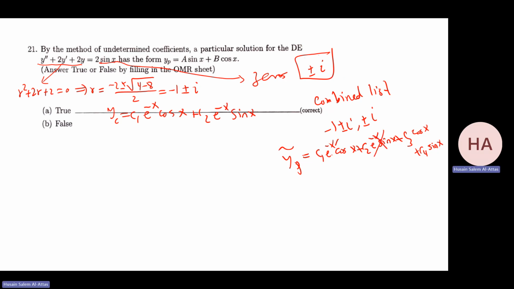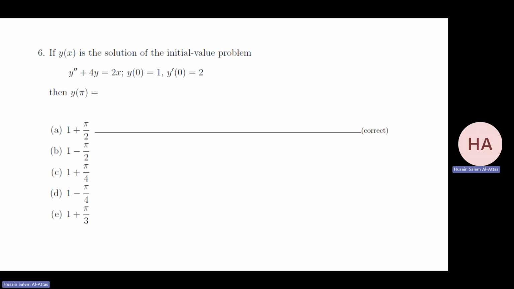Cancel this, cancel this. So yp will be A cosine x plus B sine x, which is this one. So this is true.